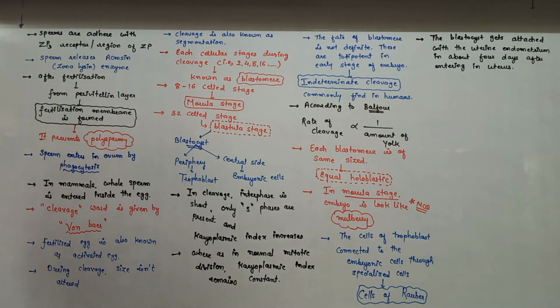The blastocyst gets attached with the uterine endometrium about 4 days after entering the uterus.